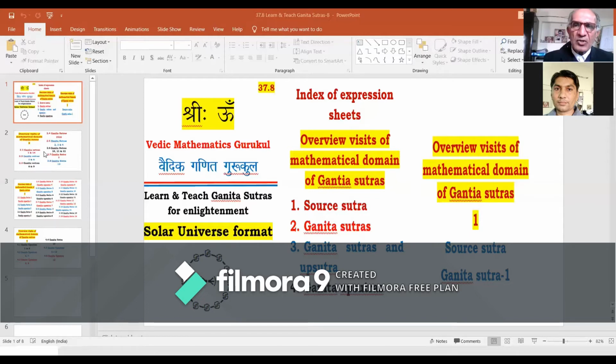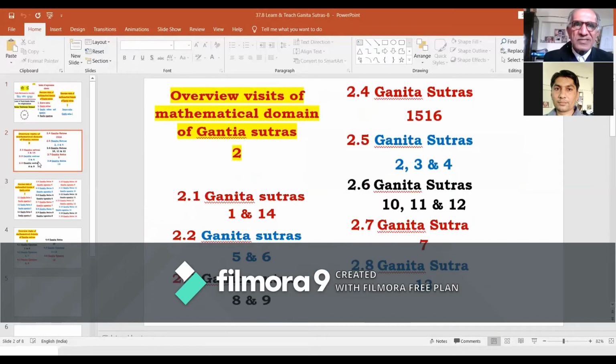Therefore, the range of 13 Ganita Sutras will of their own emerge. As such, the overview of the mathematical domain of Ganita Sutra 1, which is to begin with Sutra 1, will go in the next phase into the mathematical domain of 16 sutras.